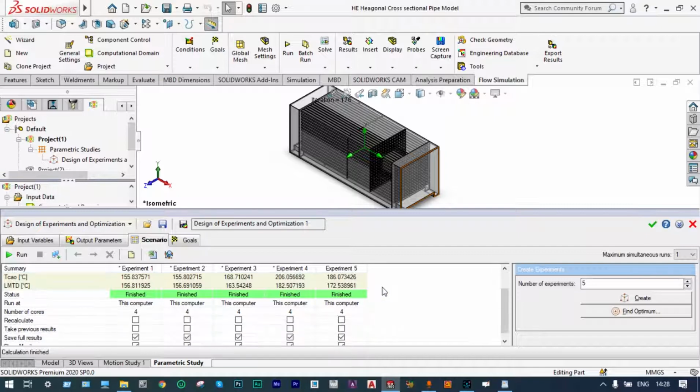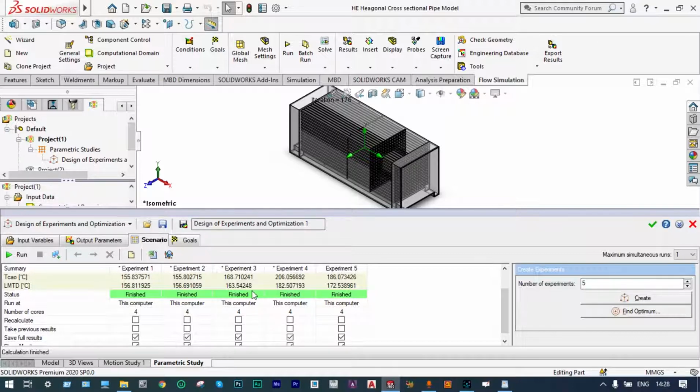That means this data is showing that we're unable to increase the temperature of cold water to a high extent. Even if we increase the temperature of hot air from the side walls, that much of an increase in cold water temperature is not achievable, right?